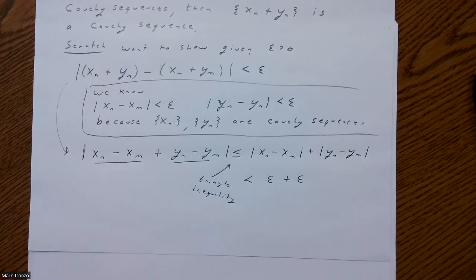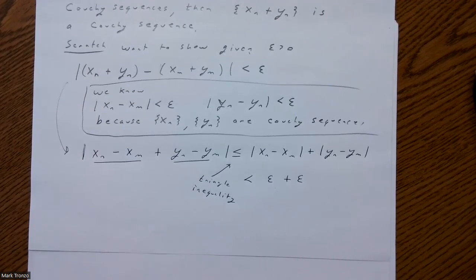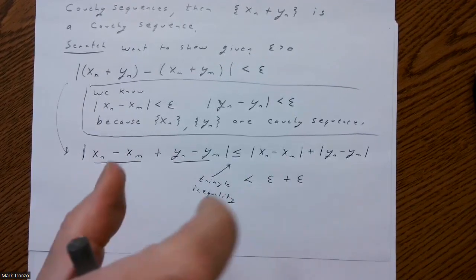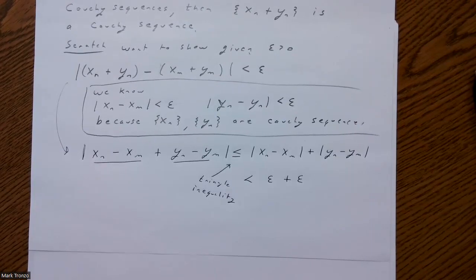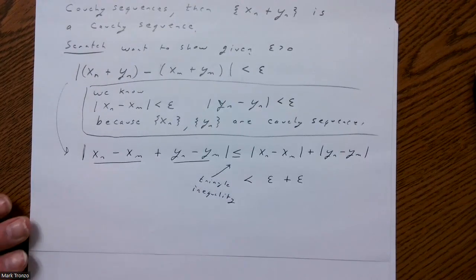So when you're saying that something is Cauchy, you can say that for any epsilon greater than 0, you have a natural number, n or h, whatever you want, and to say beyond that point, all the terms are real close together. Or you can just say for all epsilon divided by 2, you can find an n such that anything beyond that point works. So keep that in mind.